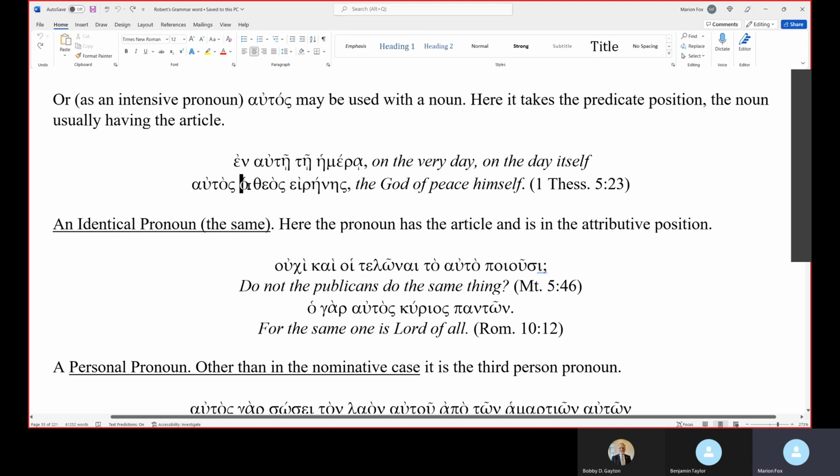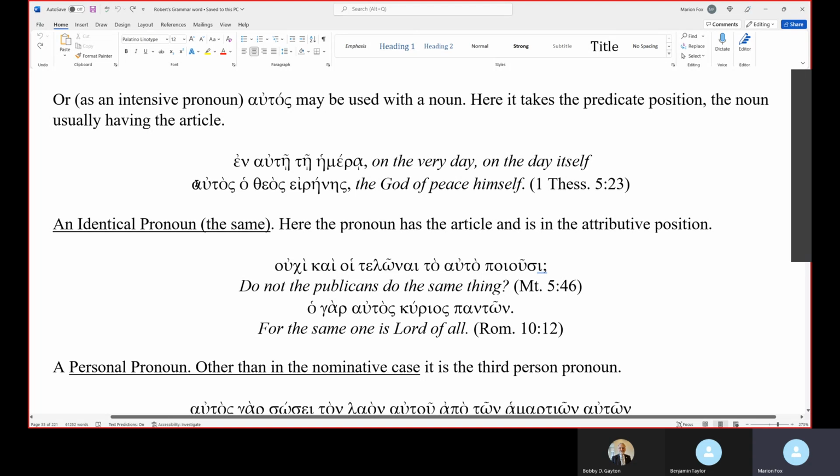Plus, it's post-positive, so it would reach back over here in meaning. The identical pronoun, it's the same. It has the article and it's in the attributive position. Now I want you to notice, this right here doesn't have the article. The article goes with the noun.